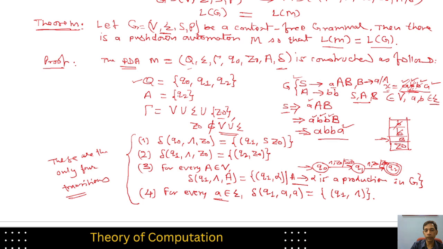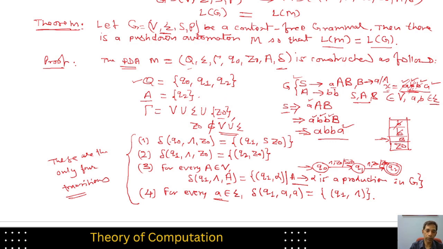And here Q2 is the final state, and the state Q1 we are going to use for the simulation of the derivation, and state Q2 is the final state. When the derivation completes, when matching completes, then you have to jump to the final state.